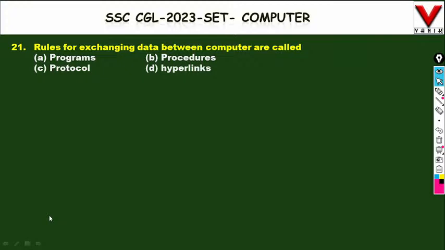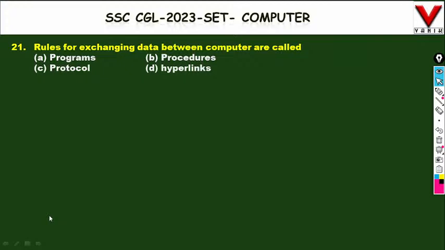We will look at program, procedure, protocol, hyperlink, and then choose which one is the right answer for exchanging data between computers. A program is the set of well-defined instructions for completing a task from the initial step to the final step, and all the steps are interrelated and interdependent on each other.